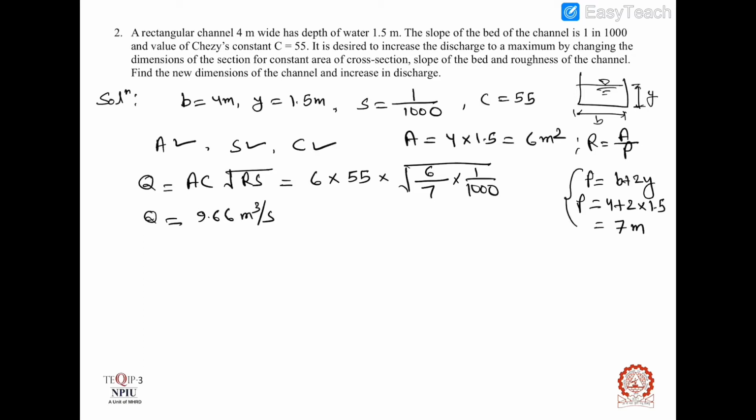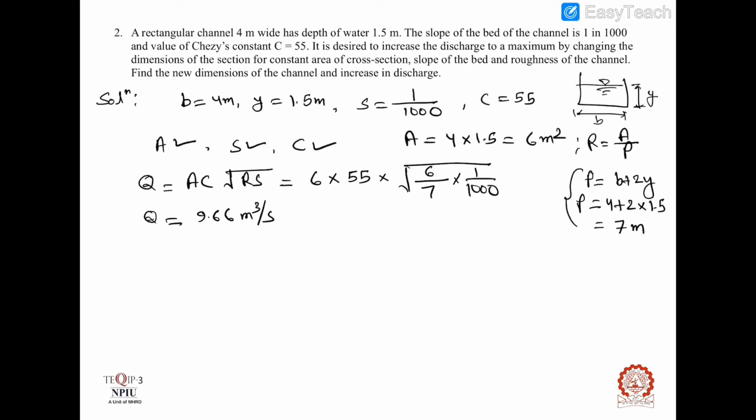Now in the question it is asked that this discharge we have to increase, and we have to make this maximum by changing the dimension of the channel. The initial dimension was 4 and 1.5 meter. We have to vary this dimension, but the conditions are the area of flow should be constant, slope of the bed should be constant, and roughness of the channel should be constant.